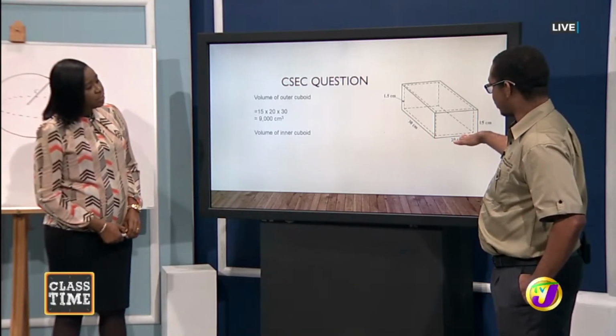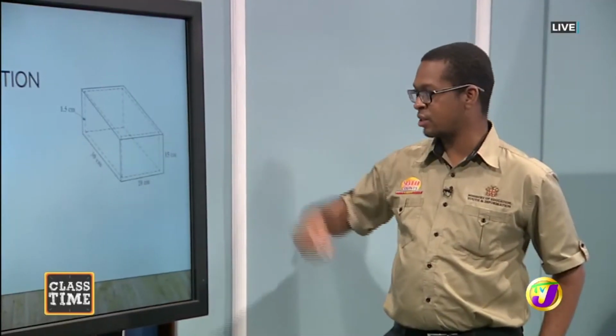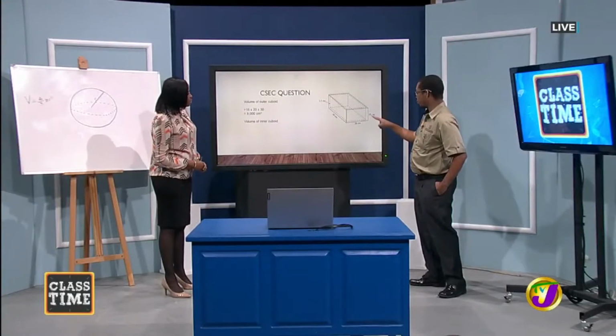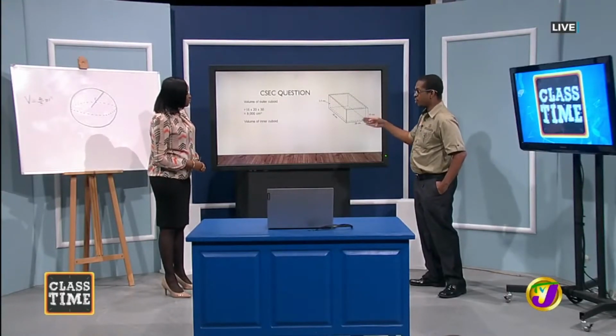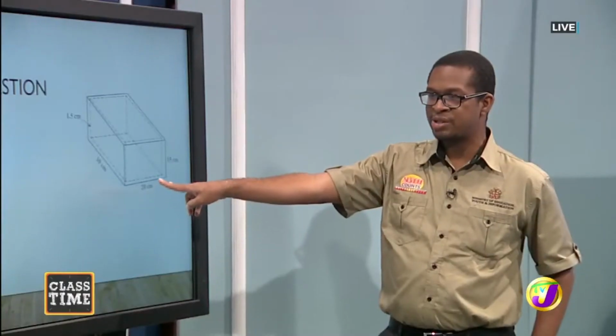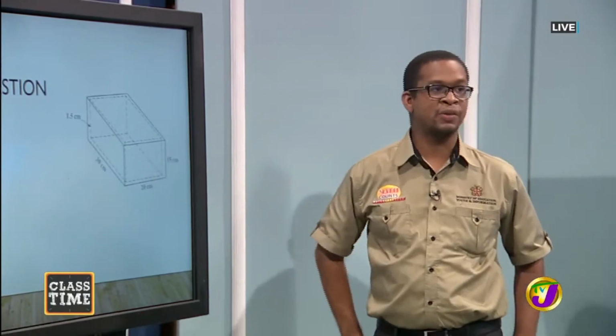But there was no lid, so we wouldn't need to take it from the top. So that would be 13.5 for that height. And then from the other regions, we would just subtract the 1.5 on both sides. That 20 would change to 17, and that 30 would change to 27.